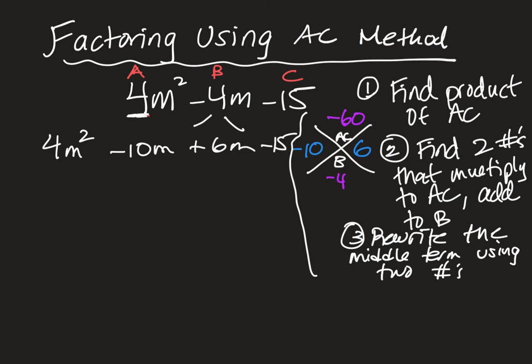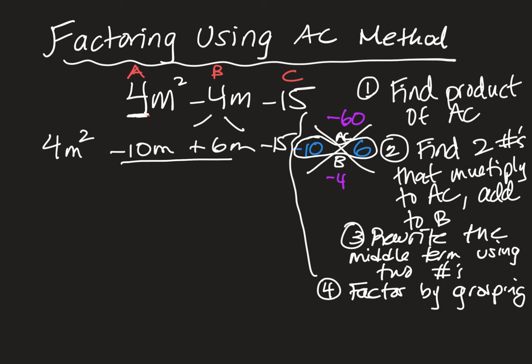But because I took 3 terms and created 4, now I can factor by grouping. That's really the whole point of the AC method: to take 3 terms and make it into 4. The way we figure out how to break up the middle term is with the numbers we found. That's what tells us how to rewrite it.